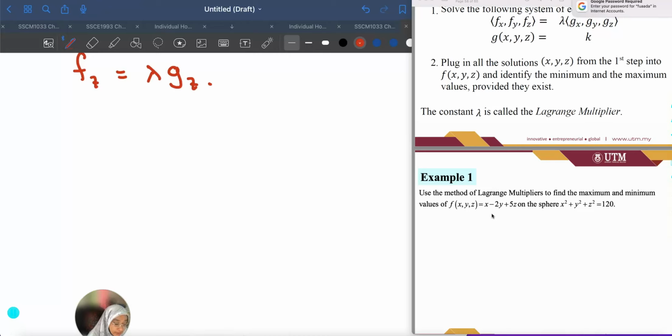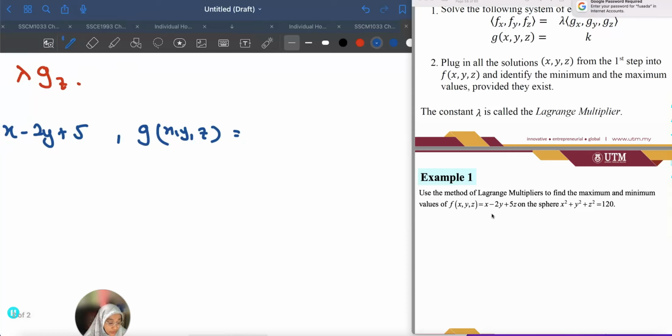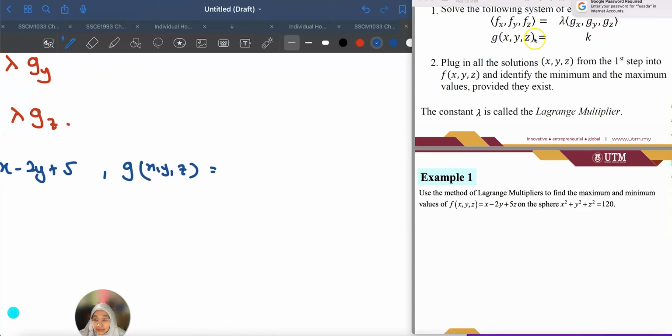So you are given the function f(x, y, z) is given by x minus 2y plus 5z, and then g(x, y, z) is given by... okay, so you look at here, g equal to constant.